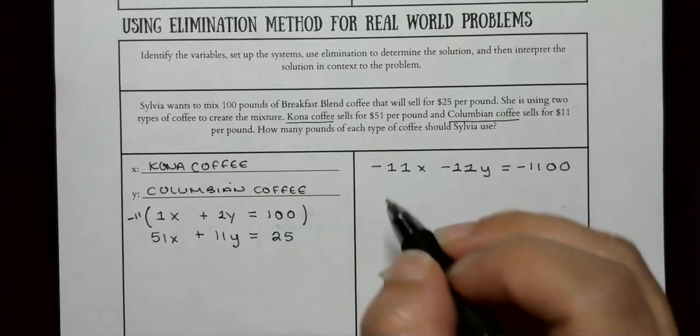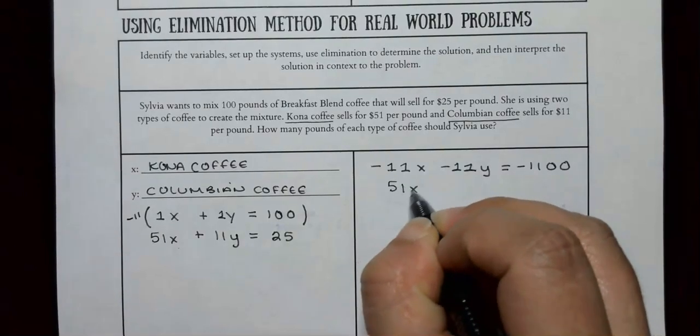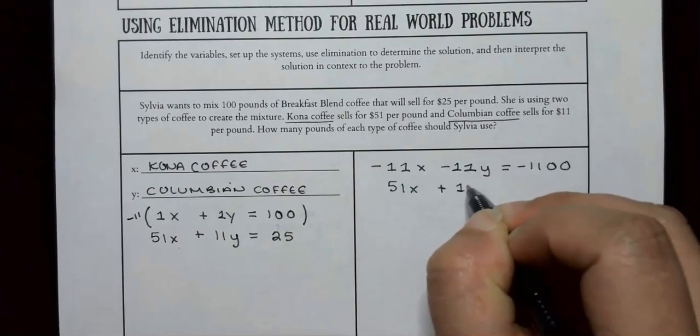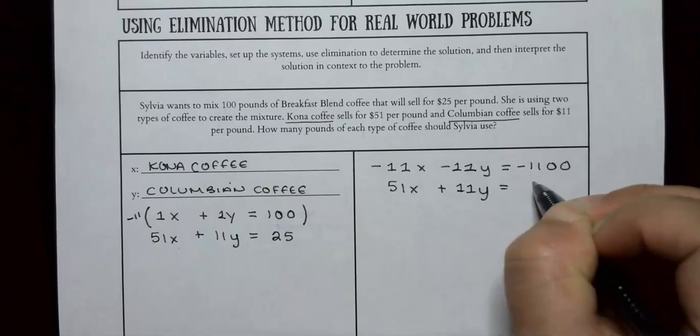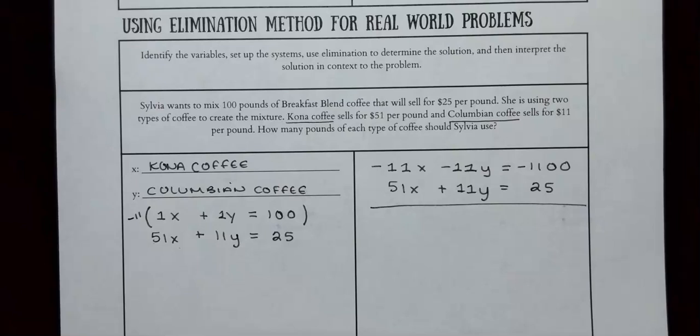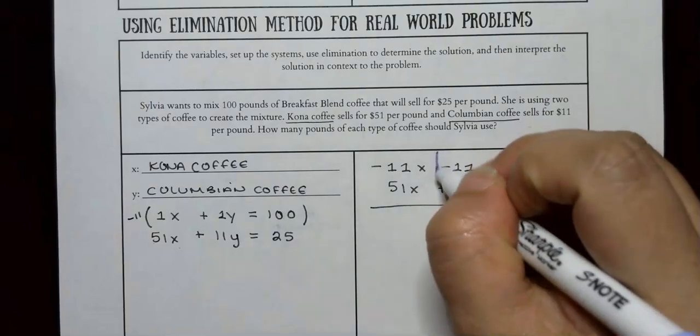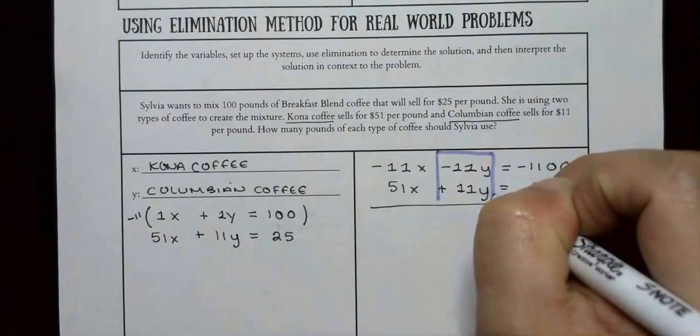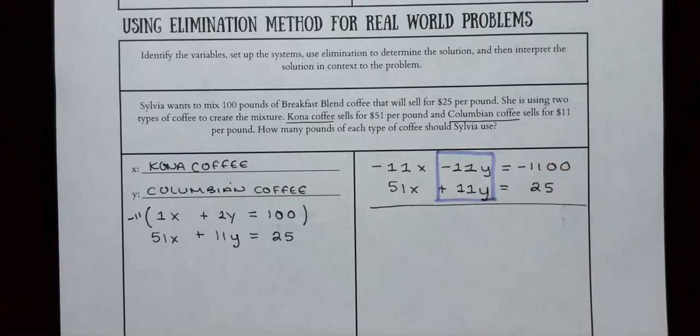All right, I'm going to go ahead and take this 51x. Notice I'm not changing the second equation. And so by doing this, we know these are going to cancel out. This is going to become 0 because they're going to be positive and negative 11. All right, so from here, let's go ahead and solve the rest of it.